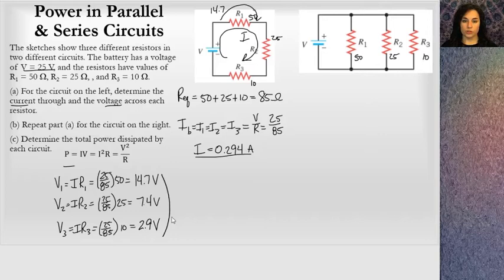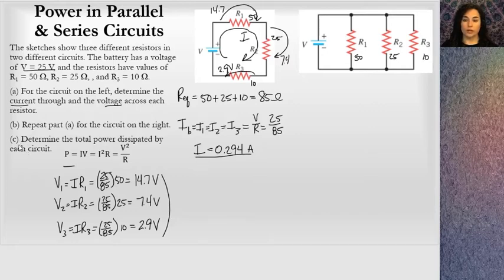Okay, so those are the voltages over each. This will be 7.4, and then this will be 2.9 volts, and we've used up all of the 25. When you add all of that together, you should get 25 volts. Okay, the current through it is this value.